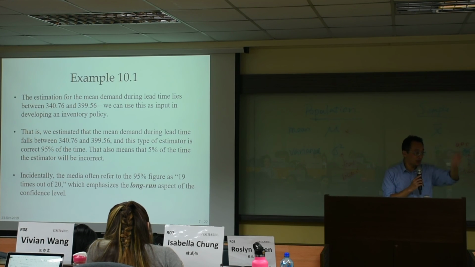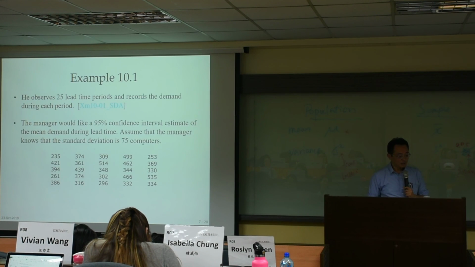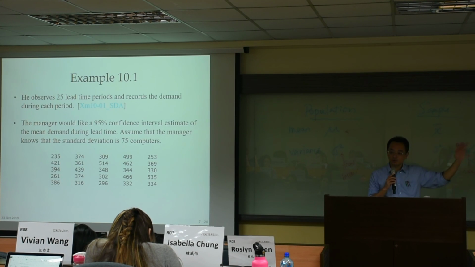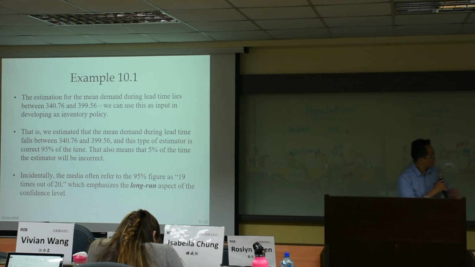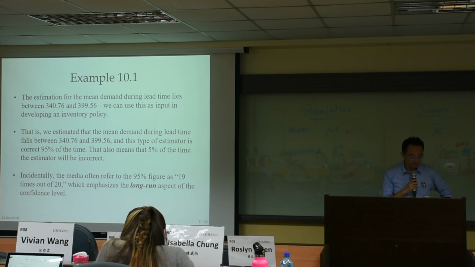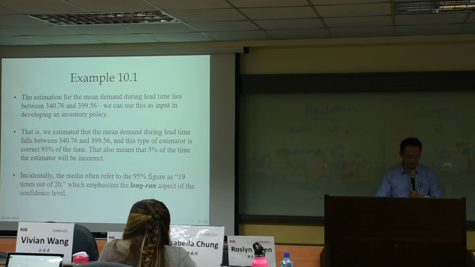It means that if we keep sampling, taking 25 samples and repeating this process again and again, then 5% of the intervals will miss the unknown population mean. Incidentally, the media often refer to the 95% figure as 19 times out of 20. In the long run, if we keep doing this, we have confidence of getting it right.